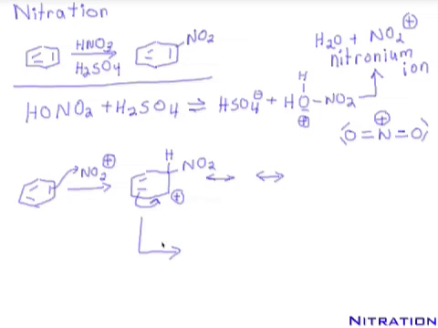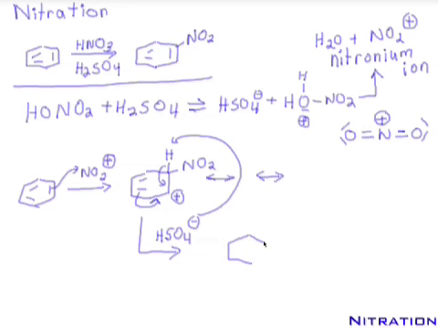The benzenonium ion is attacked by our base, HSO4 minus. Sulfuric acid has lost the proton, and this HSO4 minus grabs the proton. Those two electrons come back in and restore our pi bond.